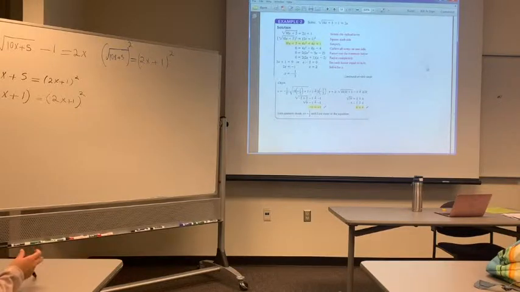So let's divide both sides by 2x plus 1. Can I do that? Yes, because it's common on both sides, right?